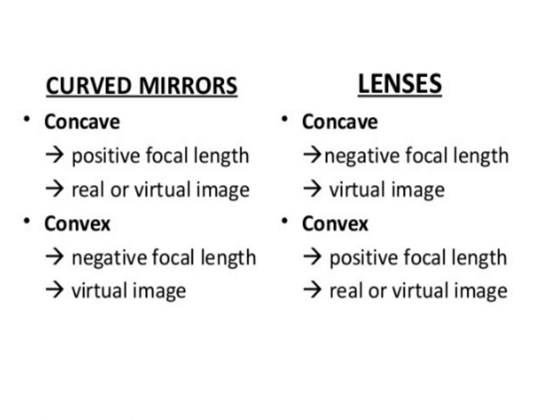Also when we use lenses, with a concave lens we get a negative focal length and a virtual image, and with a convex lens we get a positive focal length and a real or virtual image.